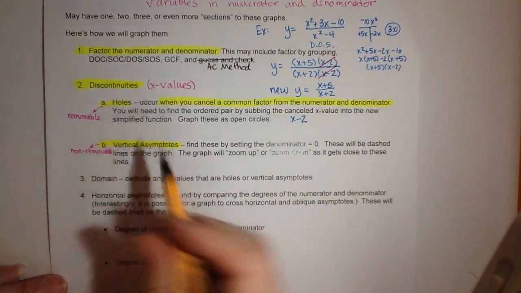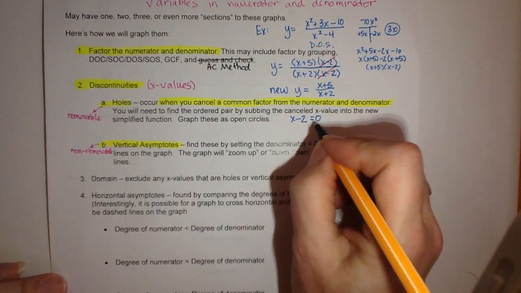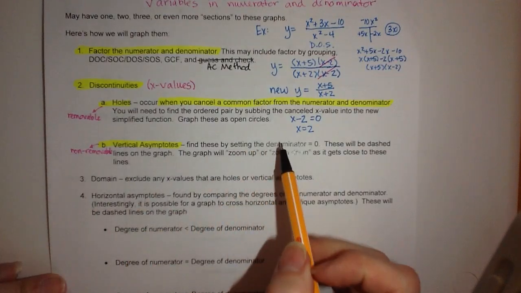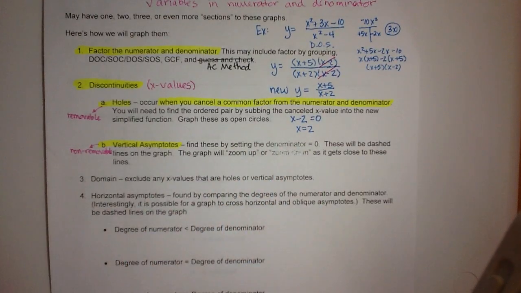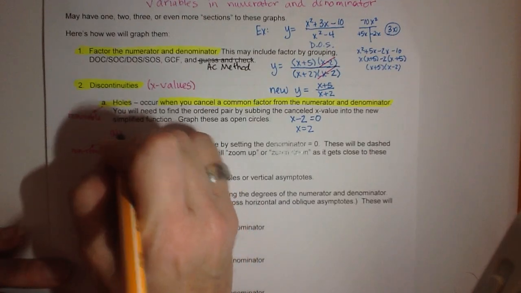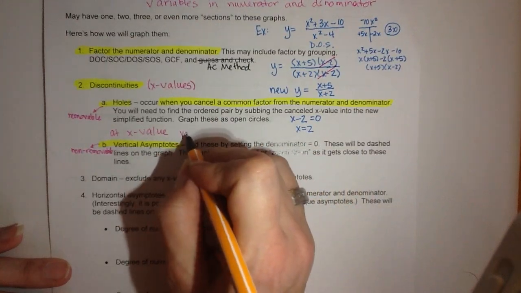So we have a discontinuity at, if you set that equal to 0, add the 2 over, x equals 2. So we have a discontinuity at x equals 2. So these removable discontinuities occur at the x value you canceled.